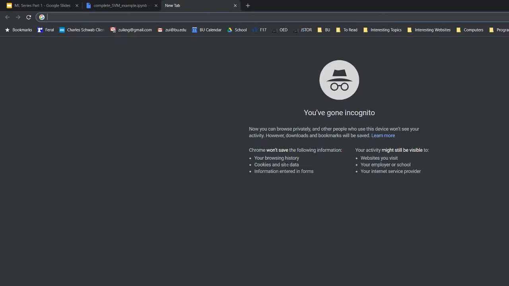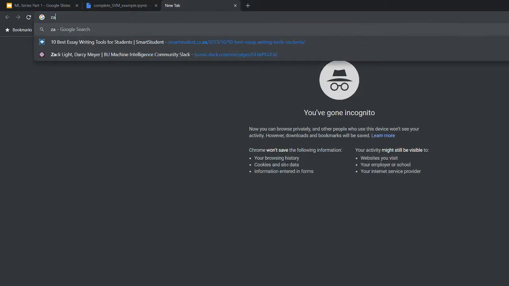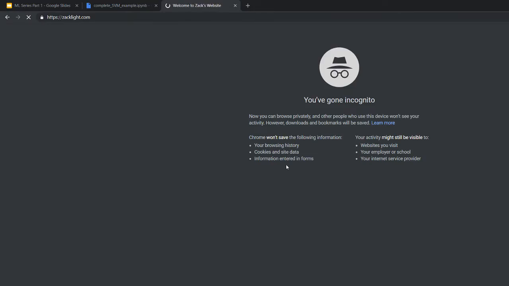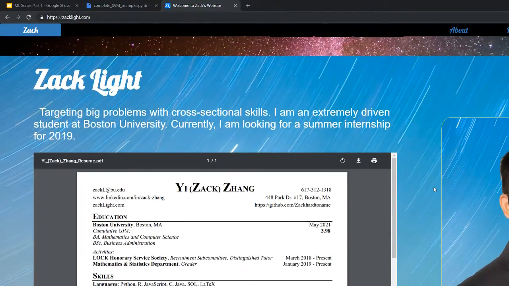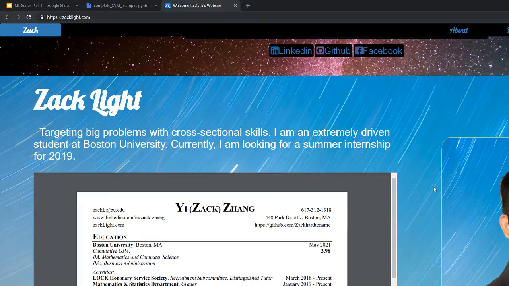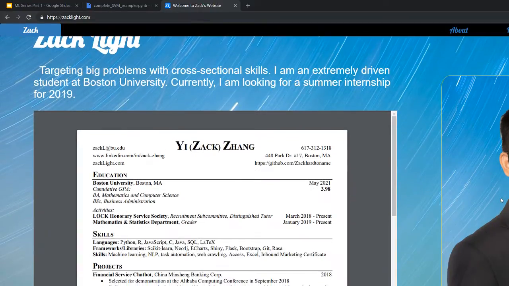Good evening, guys. Just a bit about myself. My name is Zach, and I'm a sophomore at Boston University. I have been involved in the field of machine learning for quite some time. Last summer, I worked in a major investment bank in China, doing natural language processing and different machine learning projects, including predicting news sentiments and using that to help us invest in securities.